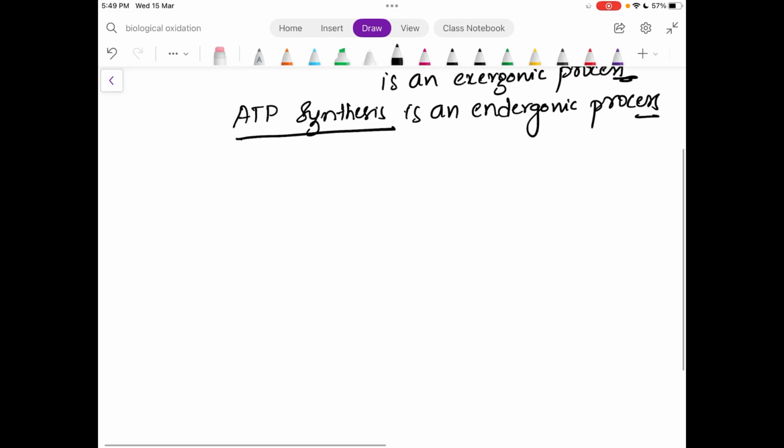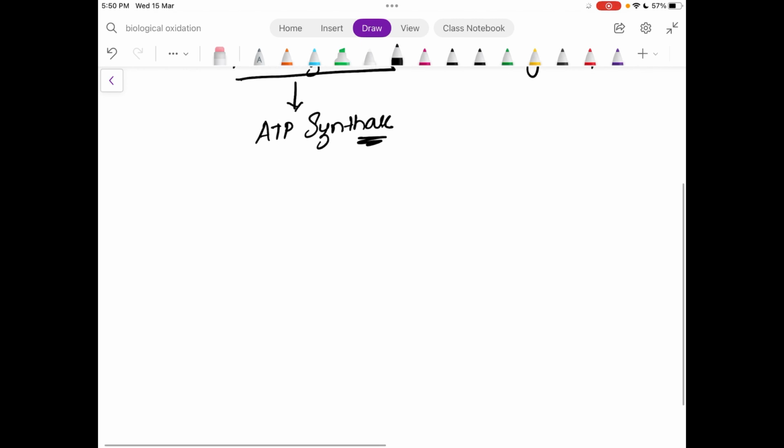This ATP synthesis is done with the help of a protein enzyme complex called ATP synthase. This ATP synthase helps in the formation of ATP.